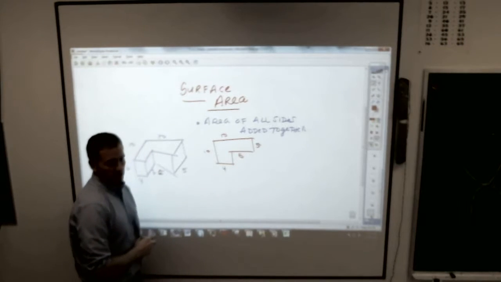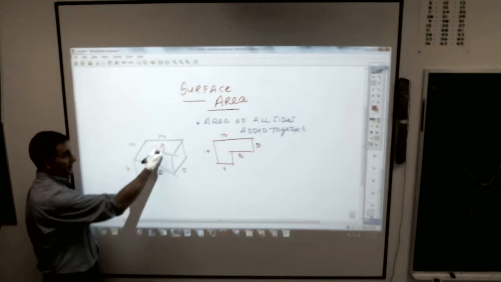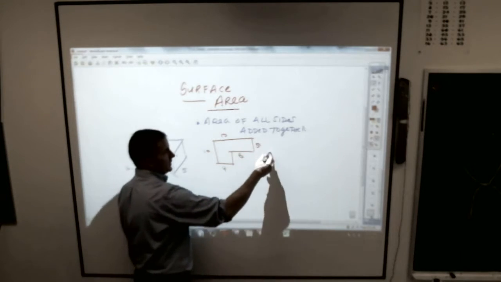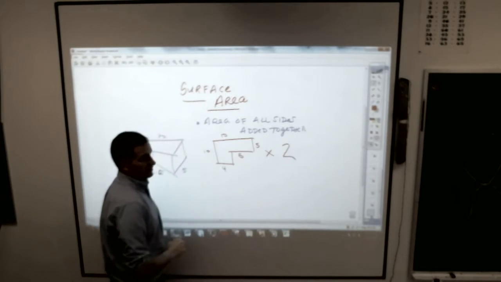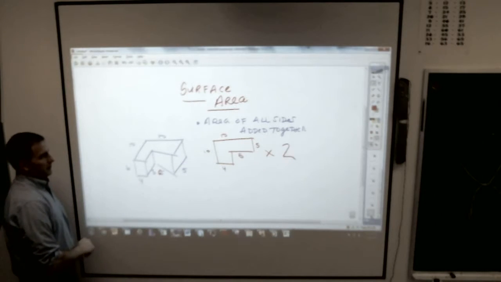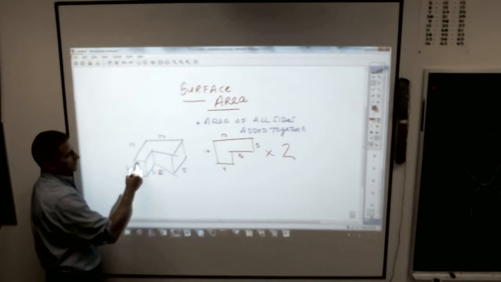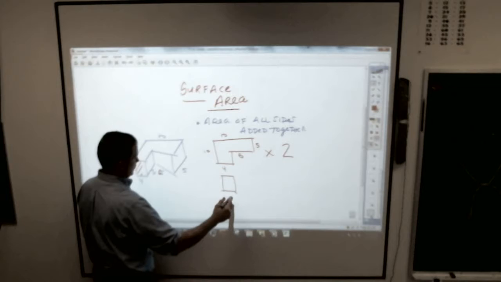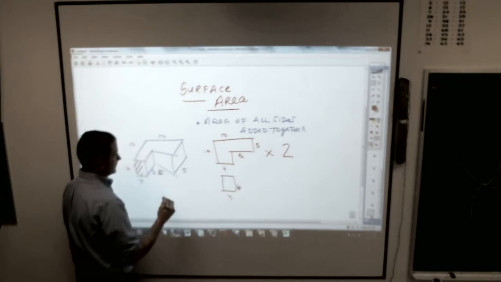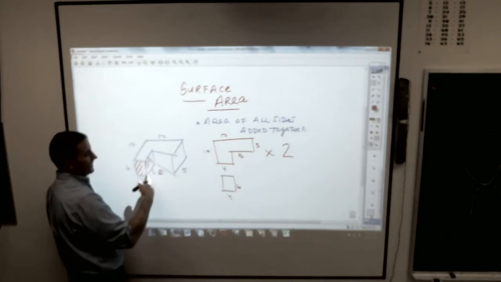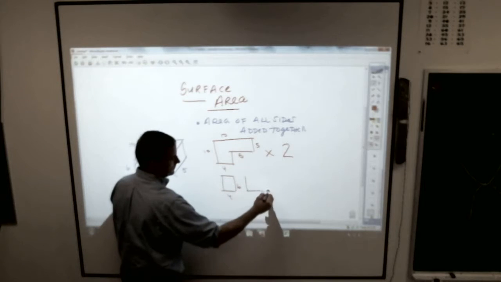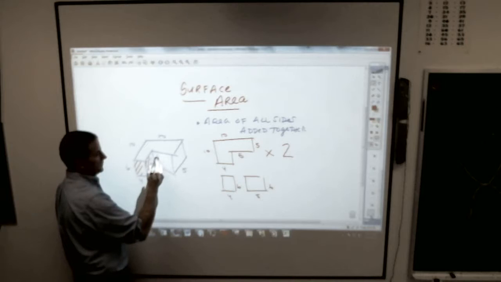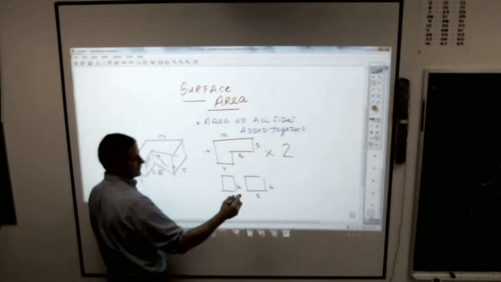And how many of those are there? There's that one on top, and there's the one you can't see that it's sitting on, correct? So you've got this times 2 identical ones. Then let's just cross them off as we go. We've got this one right here, which is a 6 by 4 shape. I got this one here, which is a 5 by 6 shape. I've got this one here, which is a 6 by 6 shape.